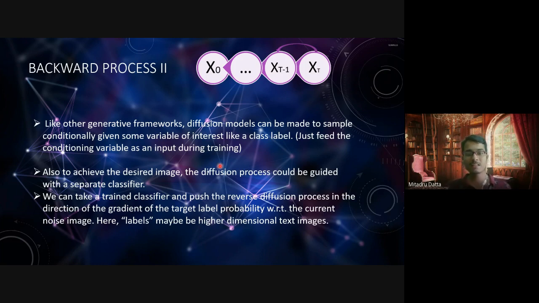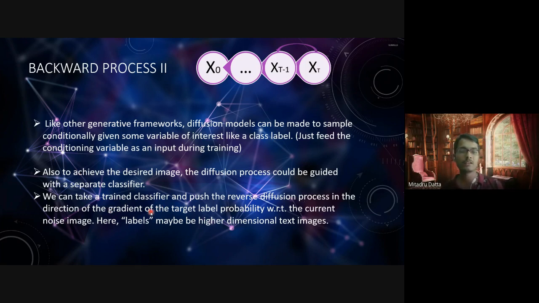This classifier would also help in the reverse diffusion process in deciding the direction of the gradient of the target label probability. So the target label, let's say the horse or the astronaut, the probability with the current noisy image. Here labels may be higher dimensional text or images.